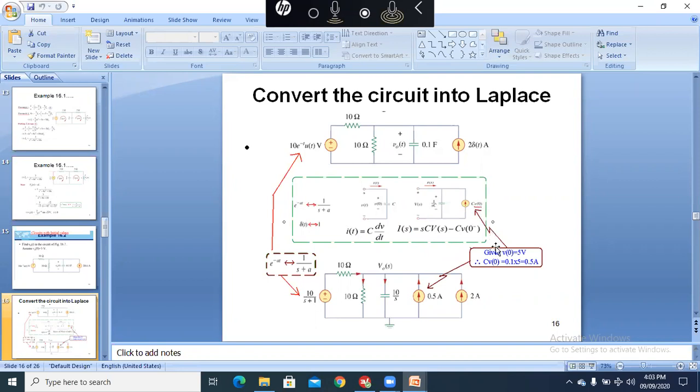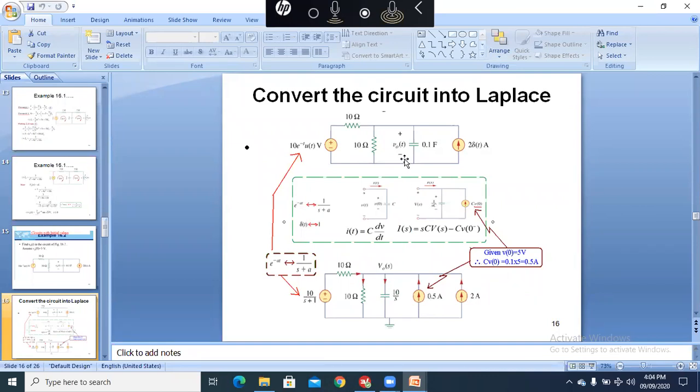V0 negative is 5 volts and the value of capacitance is 0.1 farad. So CV0 negative is 0.1 into 5, which is 0.5 ampere. So this 0.5 ampere current source appears in parallel with the capacitor.